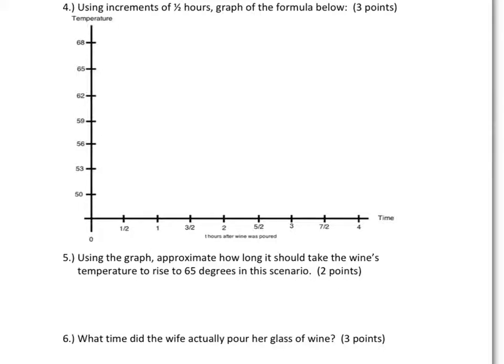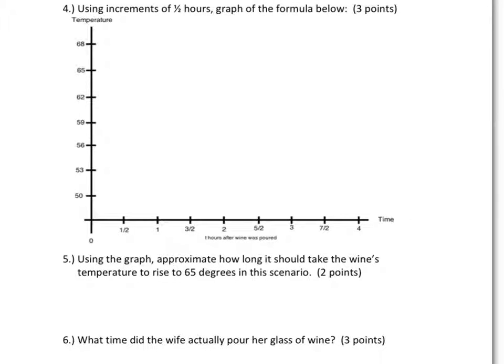So number 4 asks us to use half-hour increments. So we plug in all the values, and to do this, you just put the equation into your calculator and put in these different hours into T. So 0.5, when I put 0.5 in, I got 53.2, so I'm going to leave it about there.